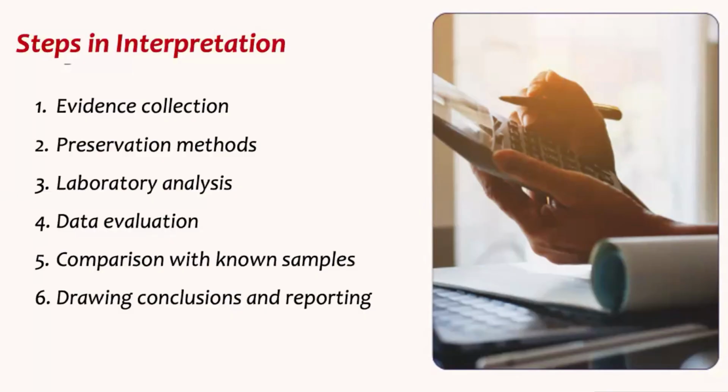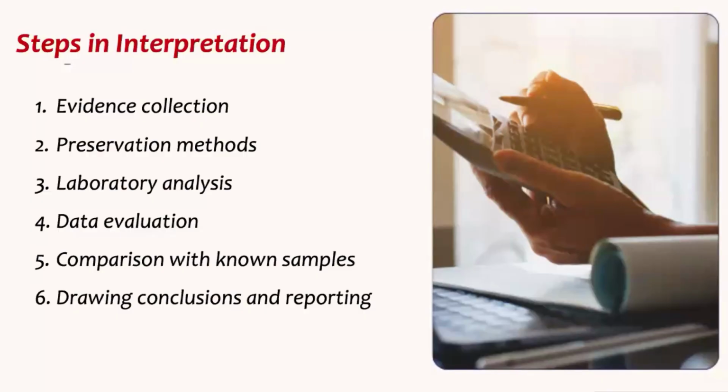And these are from the time that the evidence is collected, when it is preserved, when it's analyzed, when it's evaluated, when it is compared, and when it is reported systematically. So all these are done to ensure or to maintain integrity. This ensures evidence integrity throughout. Each of these steps affects your final conclusion.